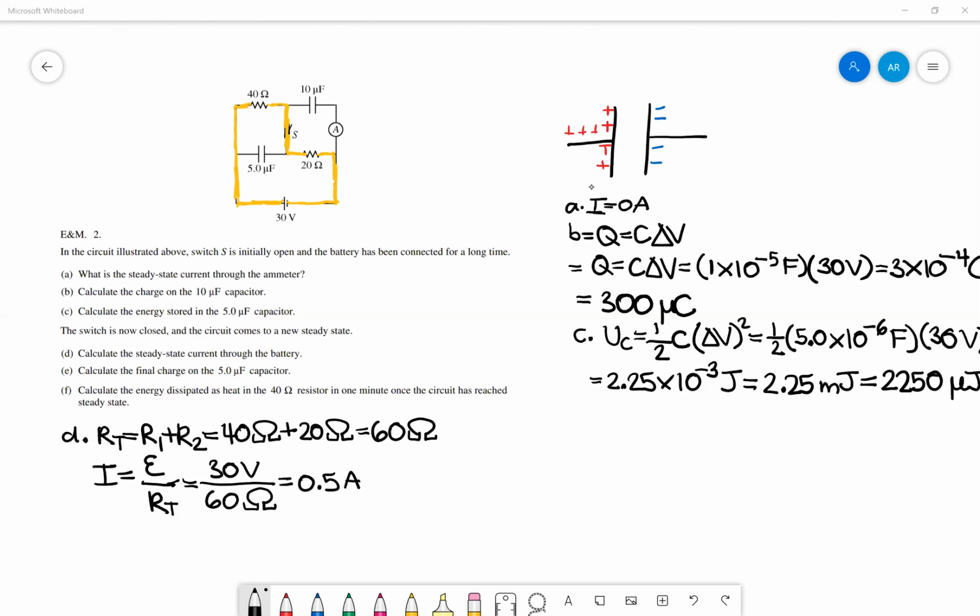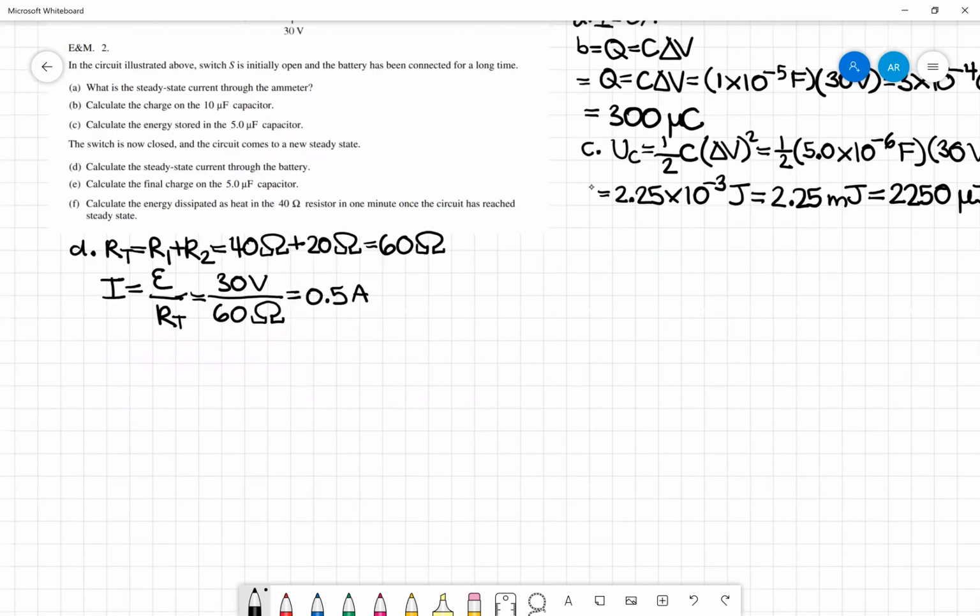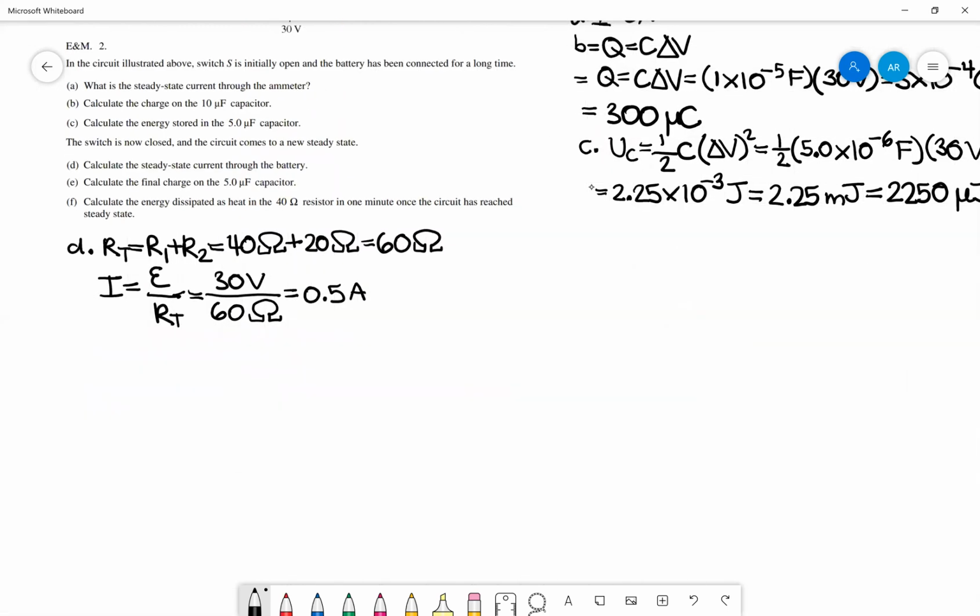Now, let's write down our equation. The reason why I like to do that is now I can see concretely what quantities we are missing. So the equation for charge on a capacitor is equal to the capacitance times the voltage across the capacitor.